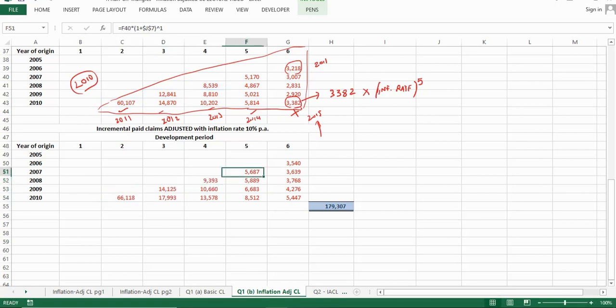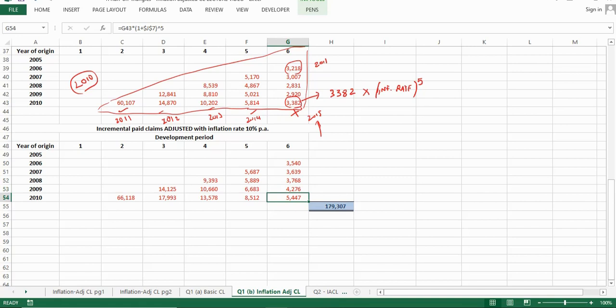Now we have the amount of unpaid claims adjusted for the year 2011. This is adjusted for the value of the year 2012, this to the year 2013, this to the year 2014, and this one to the year 2015.